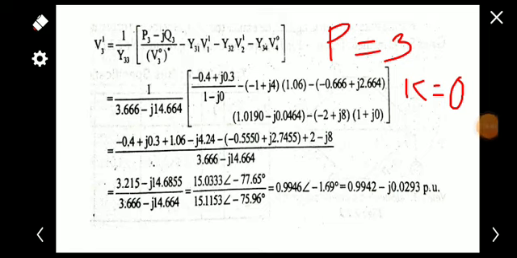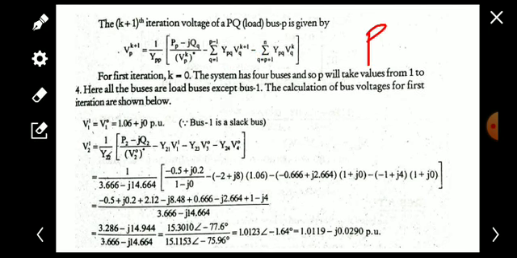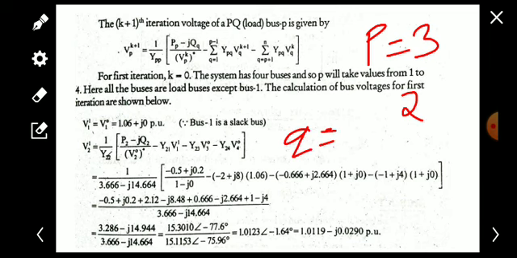For the first case, q is equal to 1 to p minus 1. So here the value of p we are treating as 3, so 3 minus 1 means it is 2. So q is equal to 1 to 2, that is q can be treated as 1 and 2 for this case.